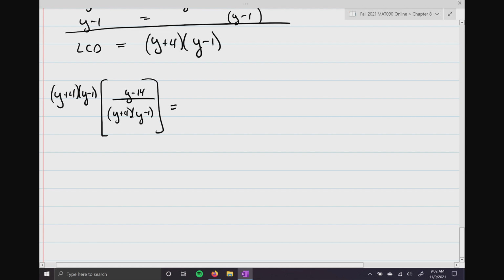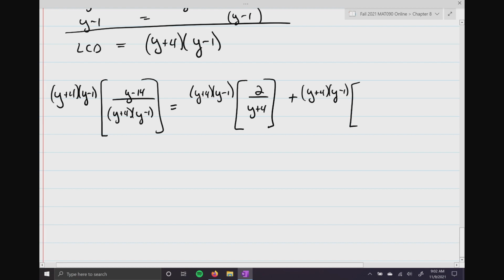equals 2 over y plus 4 times y plus 1, y minus 1, multiplied by 2 over y plus 4, and then plus y plus 4 times y minus 1, I'll multiply by 7 over y minus 1.